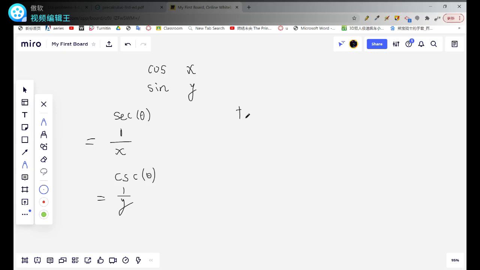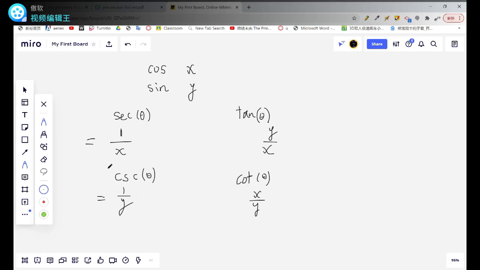Well, the tangent is one of the very original trigonometric identities, but what's the exact value of it? It's not given by a right triangle, but let's say it's given by a unit circle. Then tangent is basically y over x. And cot, which stands for cotangent, is equal to x over y.